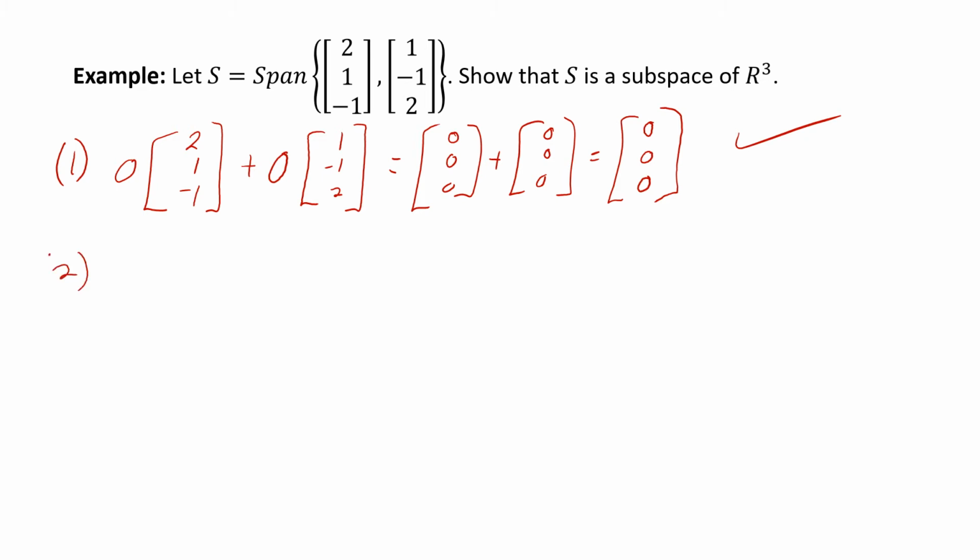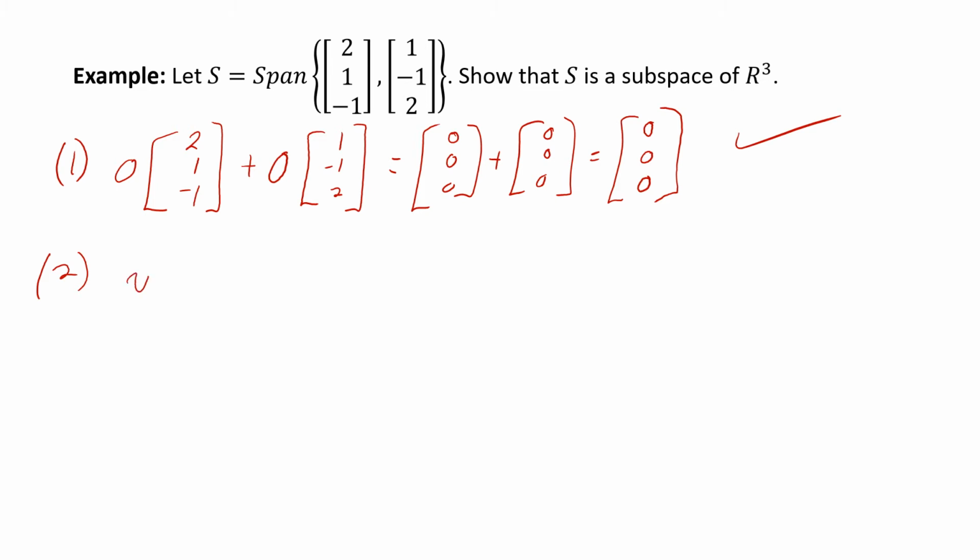What about the second condition? The second condition says that if you have any two vectors in your set S, then adding them together doesn't leave the set. So let's pick any two vectors in here. But what is a vector in the set? Well, our set is the span of these two vectors. So the span of the vectors is a linear combination of them.